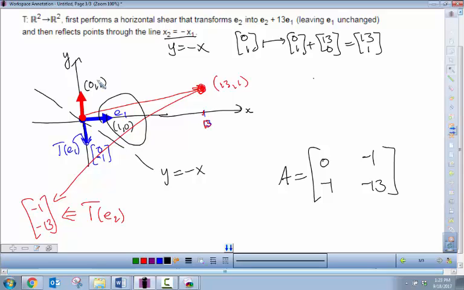So E is always what we use as standard basis vectors. In 2 dimensions, there are 2 E's, E1 and E2, and these 2 points. In 3 dimensions, there are the ijk vectors in physics. And in 4 dimensions, you'll have 4 of these standard basis vectors.